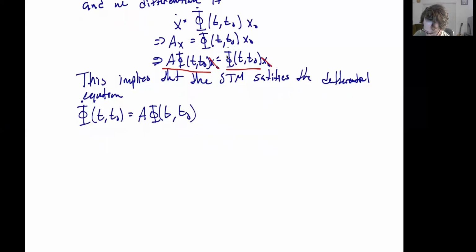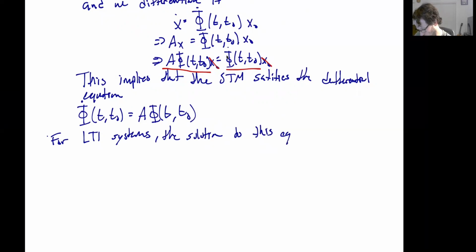Okay, so for linear time invariant systems, the solution to this equation is pretty straightforward.